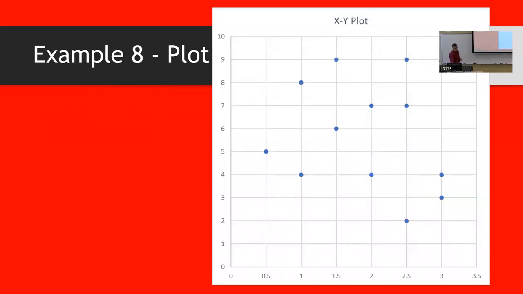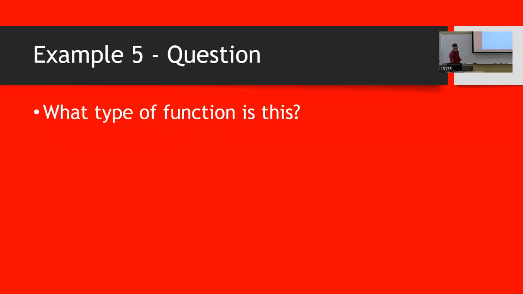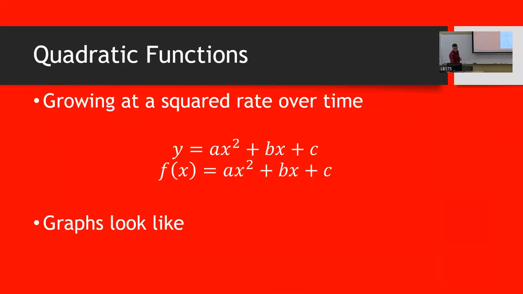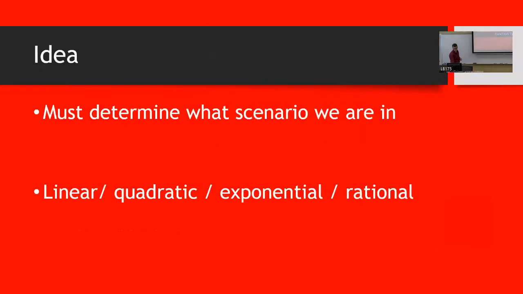So we have our 4 standard functions: the linear function, the quadratic function, the exponential, and then the one type of rational we're looking at. But then there's this implicit 5th scenario of the scatter plot, where there doesn't seem to be a pattern, right?